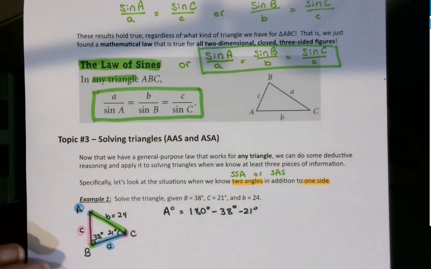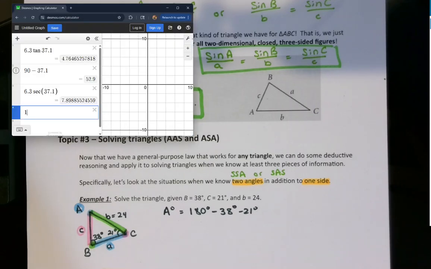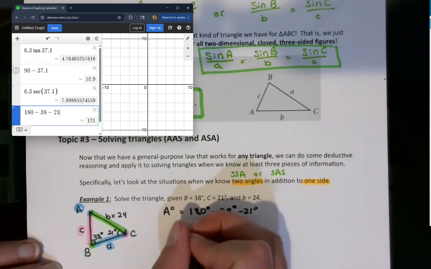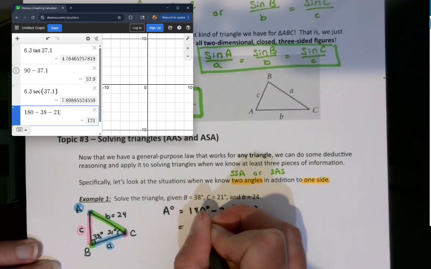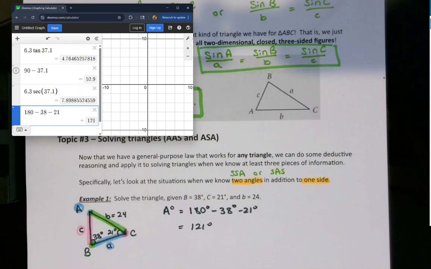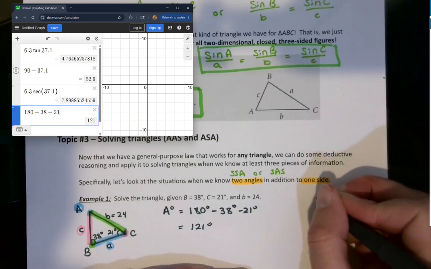So if I subtract those off, I'm going to get angle A. So we can use just subtraction to find that missing angle. So angle A has to have a measure of 121 degrees. It looks like when I sketched my triangle, I did not represent that wide enough to demonstrate that it's 121 degrees. But the triangle is really just so I can see the relationship between the positioning on the values that I need. Okay, so I'm going to write down all my angles.